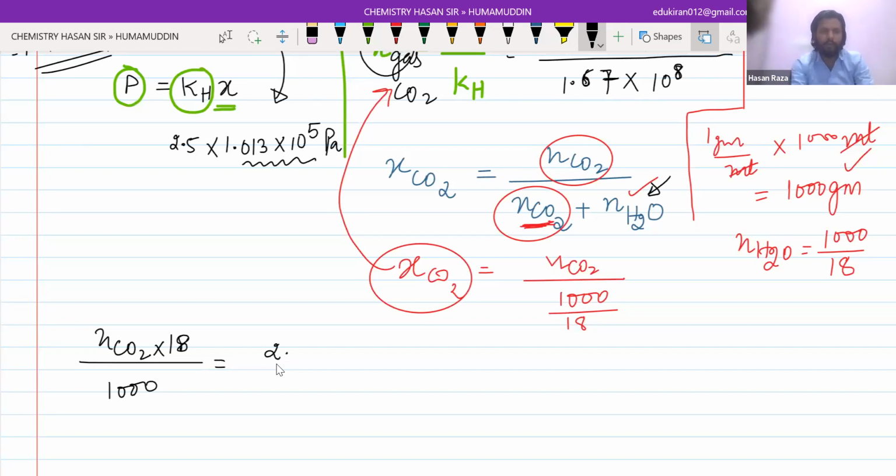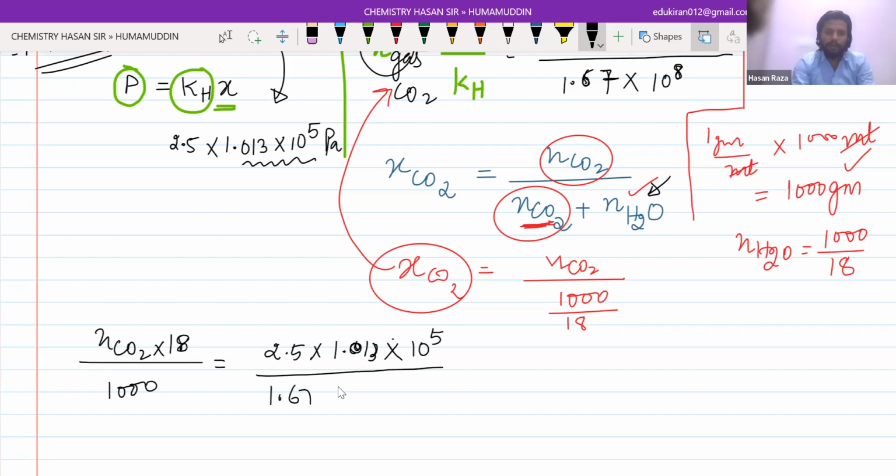You can write it on your own. Now it works: 2.5 into 1.013 into 10 raised to the power 5, divided by what was the value of Henry's constant, 1.67 into 10 raised to the power.